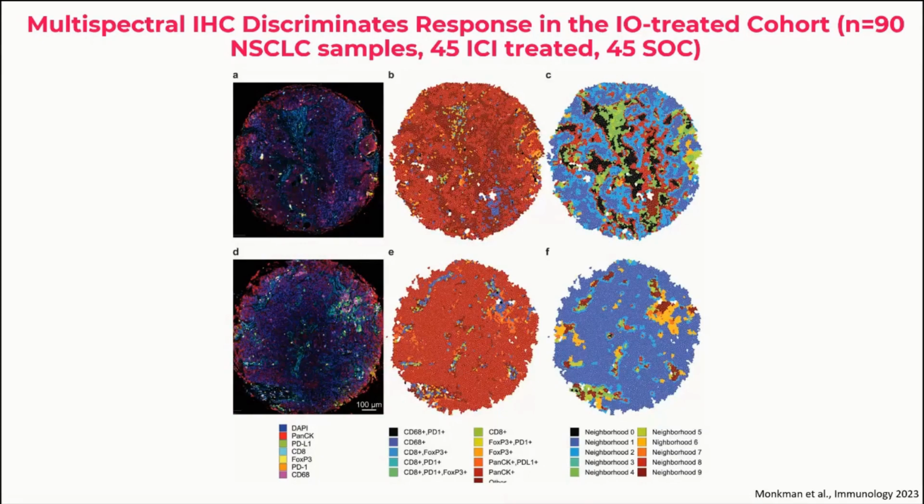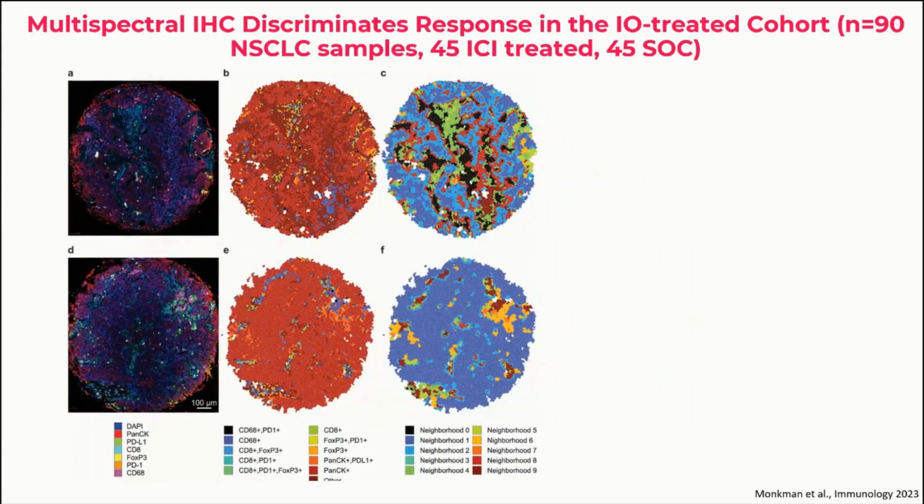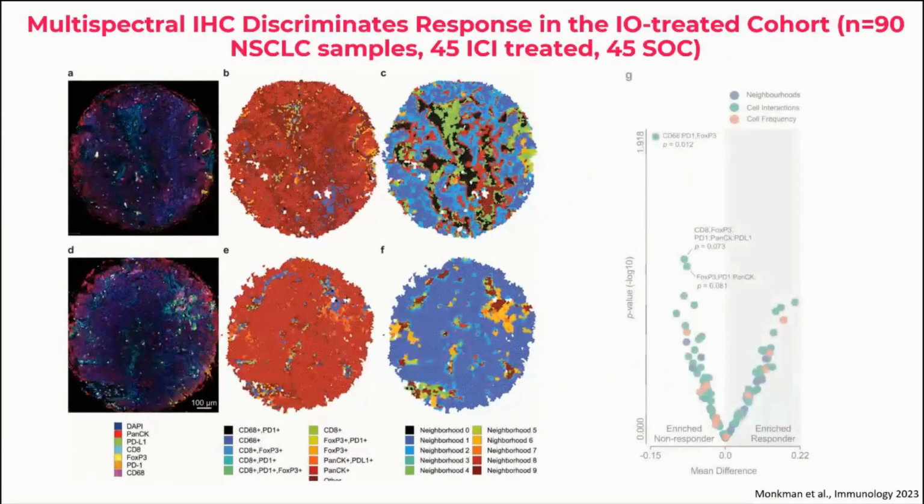We could identify 9 different neighborhoods within each individual core, each individual patient sample, and then we could extrapolate that neighborhood into the entire cohort of 90 patients and ask the question, what was the enrichment of the neighborhoods between the patients that responded to therapy versus those that didn't?